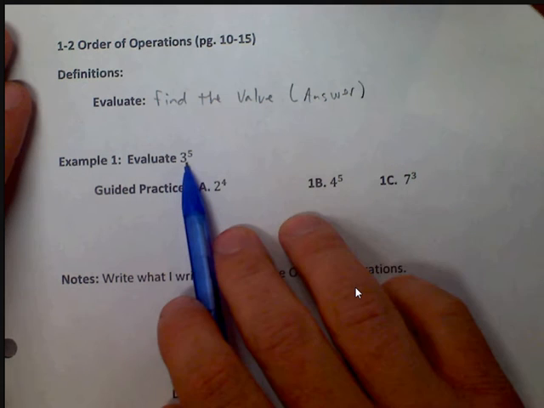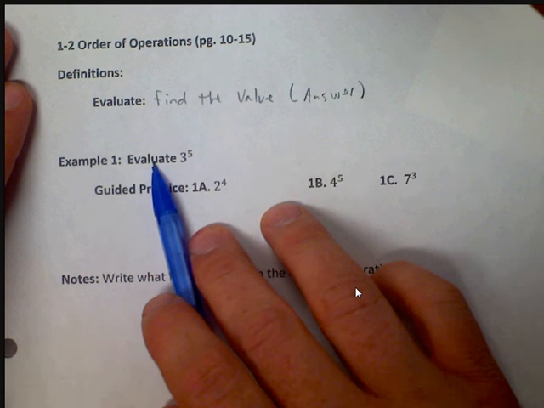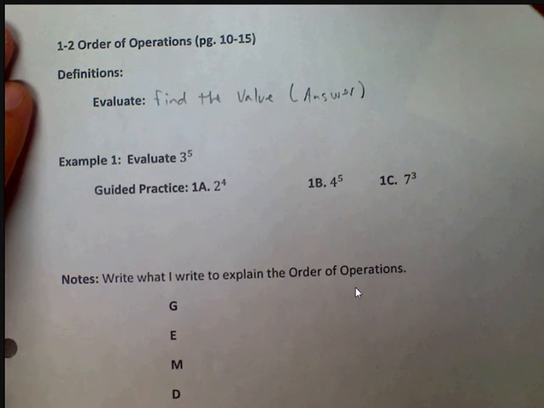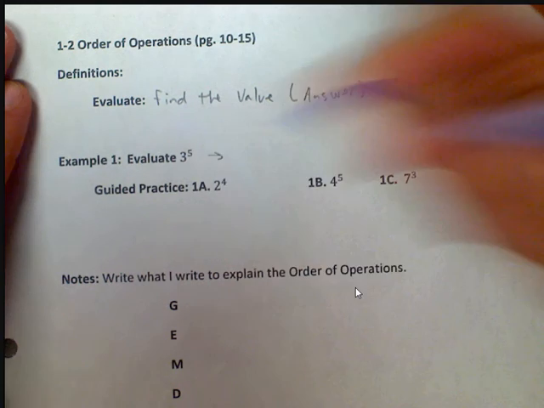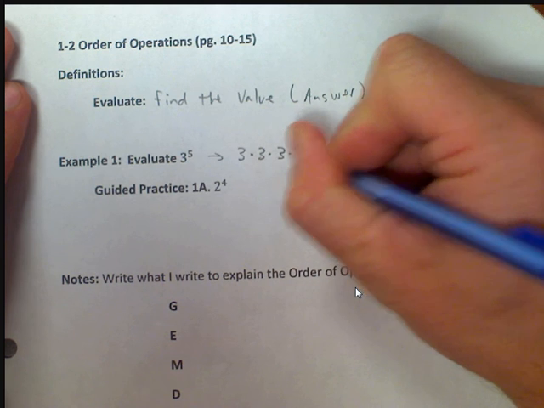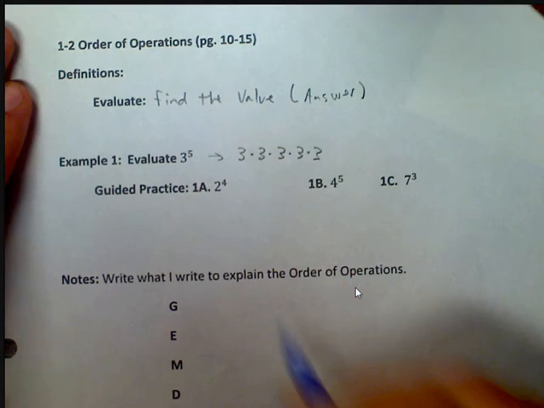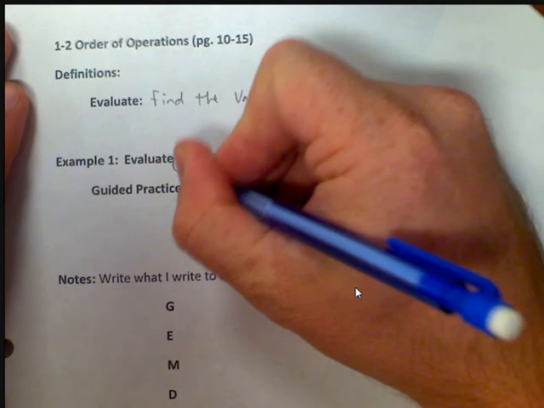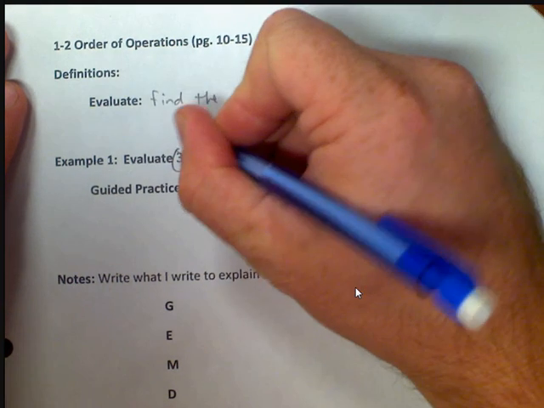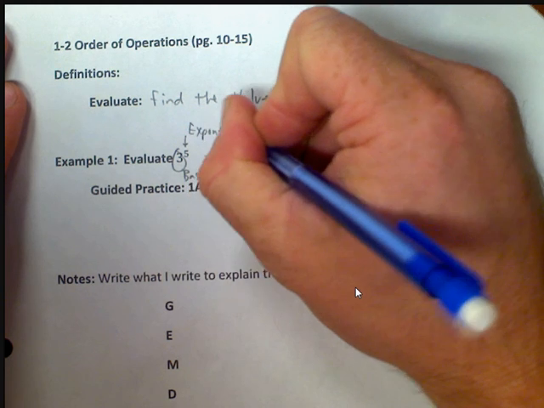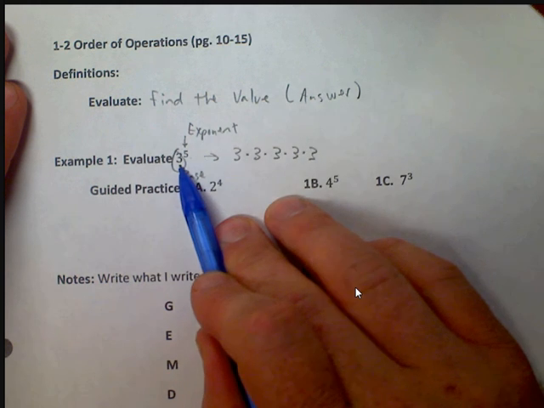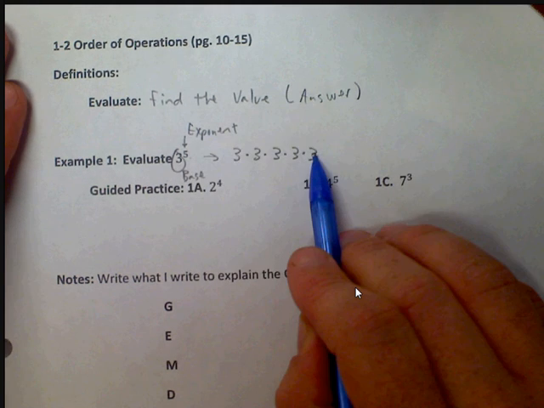On example 1, we need to evaluate, which means to answer 3 to the 5th. Well, 3 to the 5th is actually 3 times 3 times 3 times 3 times 3. 3 is your base. 5 is your exponent, and that tells you how many 3's you multiply. 1, 2, 3, 4, 5.